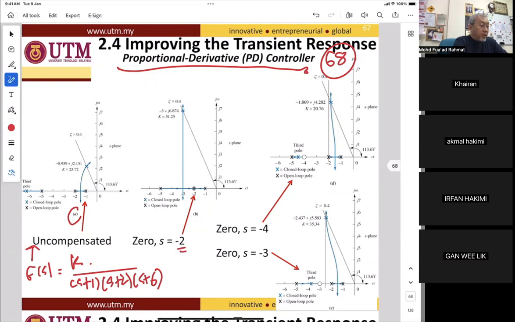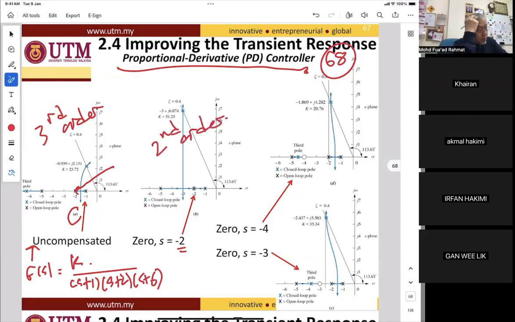So the zero at minus 2 will cancel the pole at minus 2. When it cancels, the system becomes second order. So this one is third order, and this one cancels between 0 and minus 2, so it becomes second order.